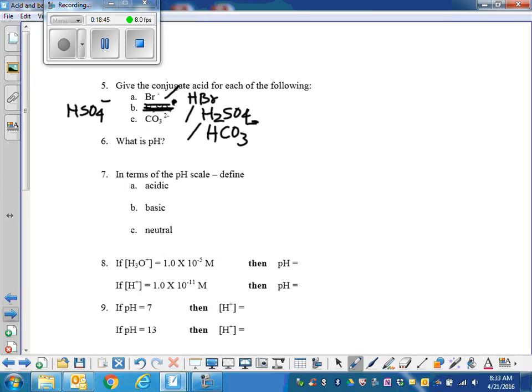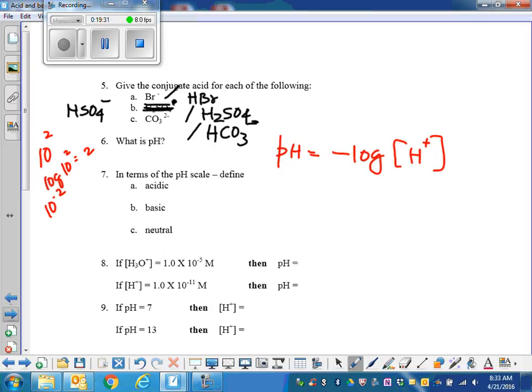Okay? Now, in terms of a pH scale, what is pH? Let's define what is pH. pH is defined as negative log of hydrogen ion concentration. If it's 10 to the 2, what is log of 10 to the 2? 2.